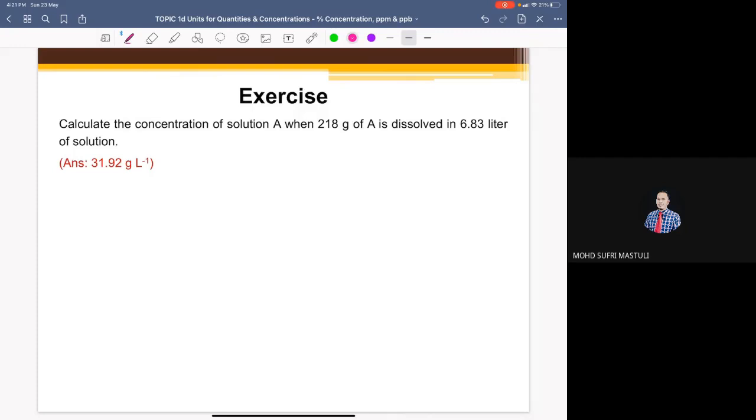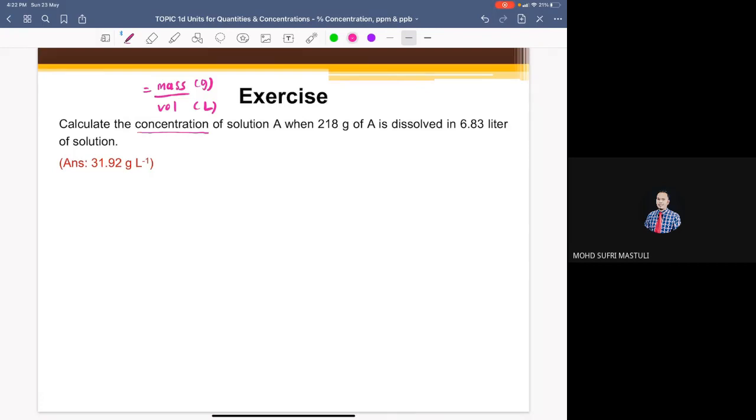Calculate the concentration of solution A when 218 grams of A is dissolved in 6.83 liter. So this one, you have to calculate the concentration. Concentration is mass over volume, which is gram per liter.